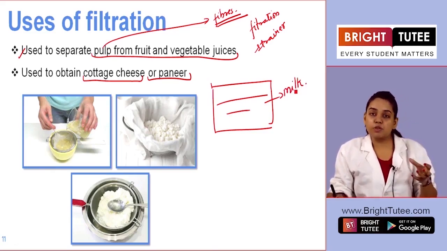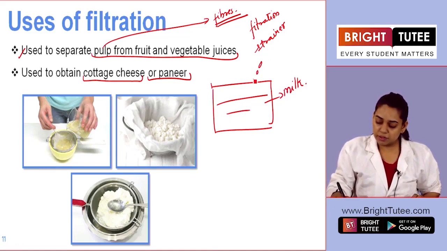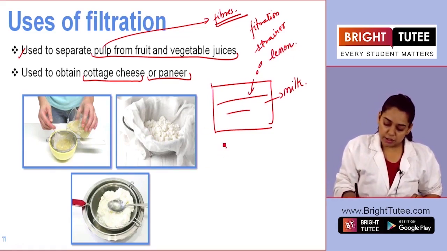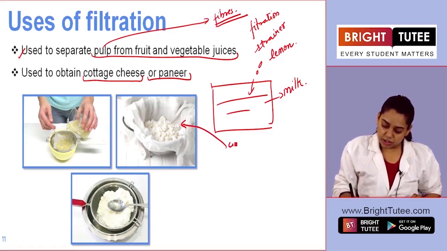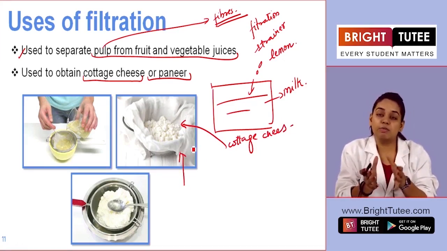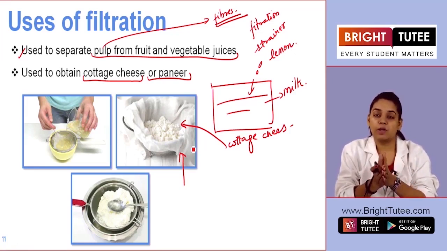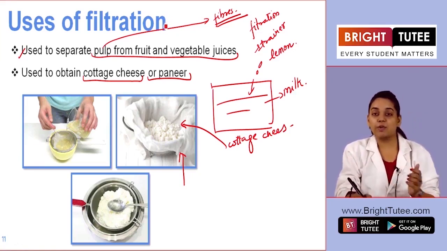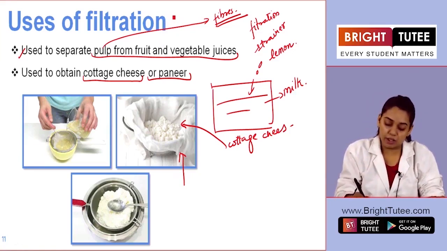You can add a few drops of lemon to it, and you will obtain your cottage cheese. And you can use a fine cloth, and you can completely remove the cottage cheese from your milk. These are a few examples from daily life where we use the process of filtration.